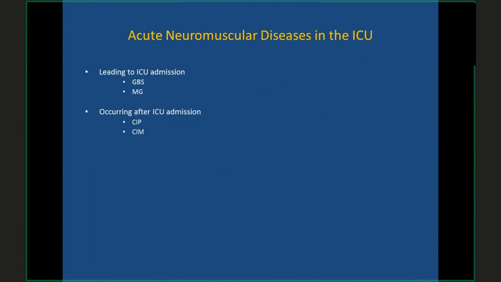There's still no specific treatment. Studies show intensive insulin therapy keeping blood sugar low normal may reduce the development of CIP and CIM. Also, direct electrical stimulation of muscles might reduce development of these two conditions.